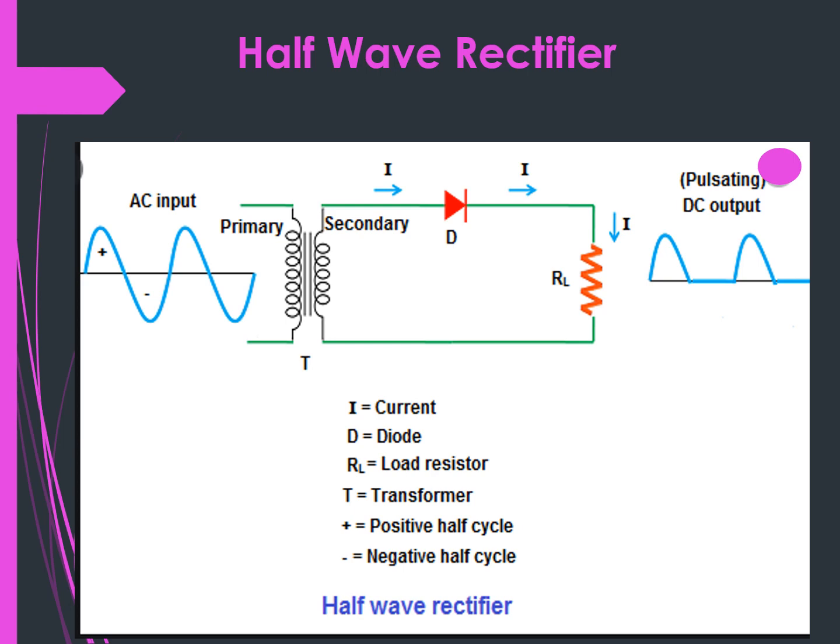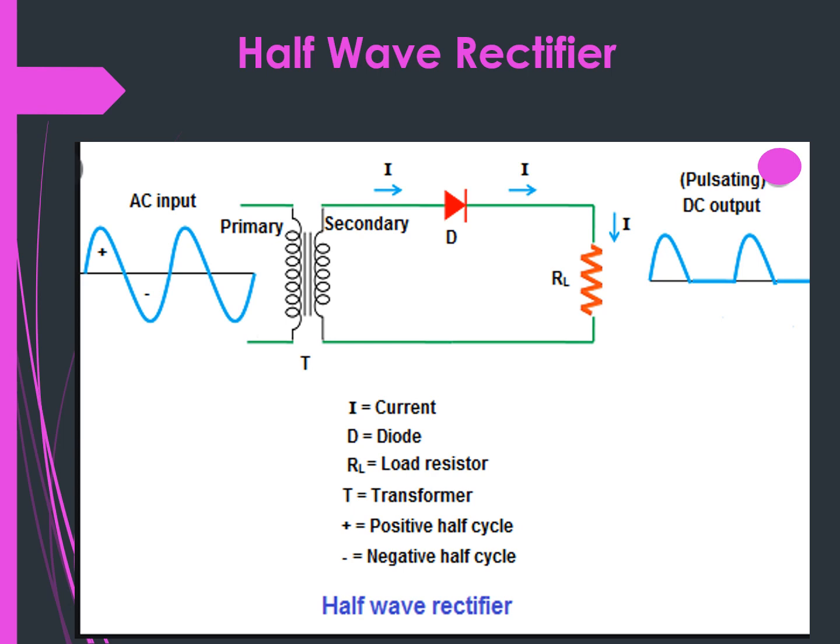So when the negative cycle passes through it, the diode becomes reverse biased and thereby no current flows through it. And in this we can see the AC is converted into DC. The output is now unidirectional. So this is how it works.